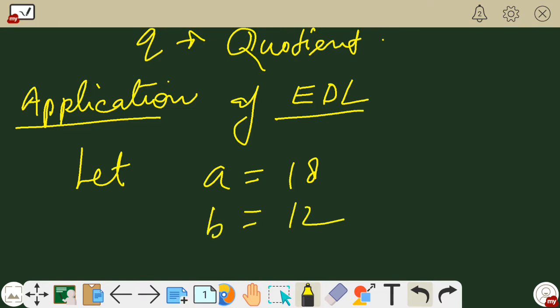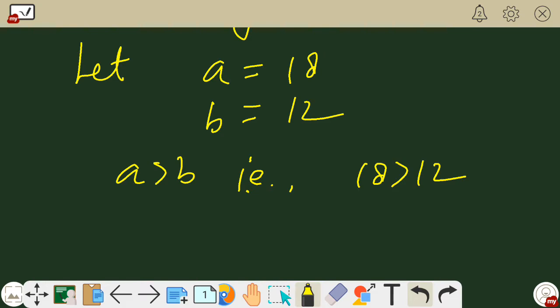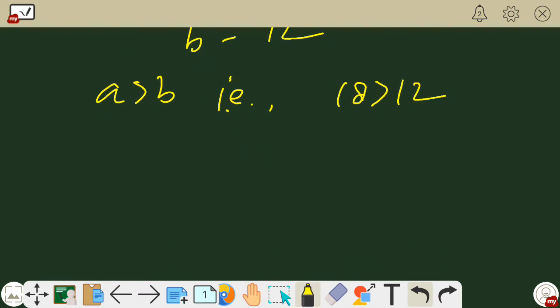These are two positive integers, and here a is greater than b. So 18 is greater than 12, which means 18 is the dividend and 12 is the divisor. Suppose 18 is divided by 12.